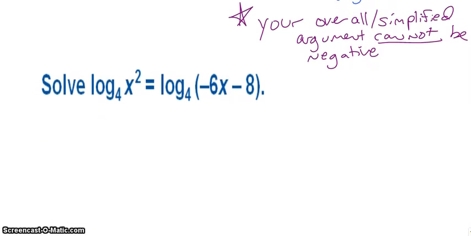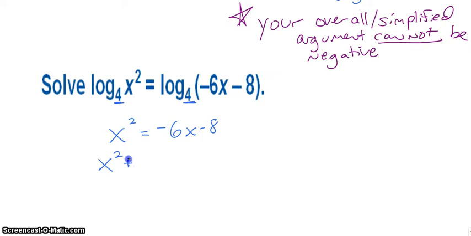So let's take a look. So I see that my bases are the same. We won't get any that have different bases yet because that's a whole different way of solving it. So I'm just going to set my arguments equal to each other. So I've got x squared equals negative 6x minus 8. You guessed it, it looks like we're going to have to factor.